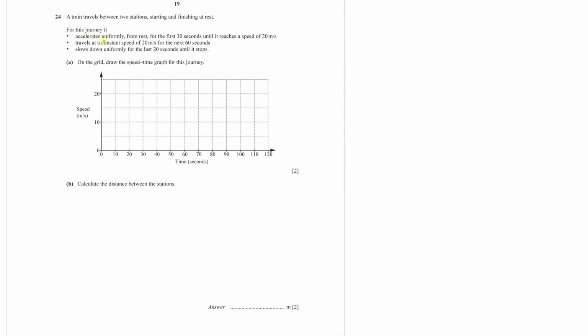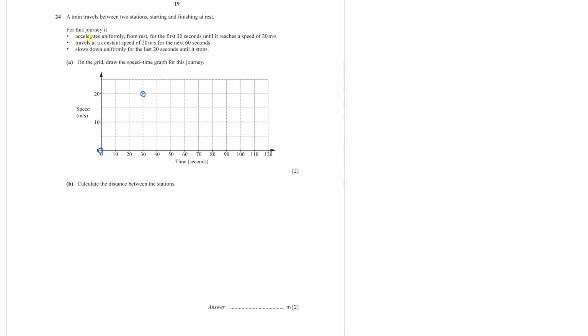So the first point is it starts from rest. It accelerates uniformly from rest for the first 30 seconds until it reaches a speed of 20 meters per second. So at time t equals 0, you're starting from rest, so your speed is 0. So this will be your point on the speed time graph. And then after 30 seconds, it has reached a speed of 20 meters per second.